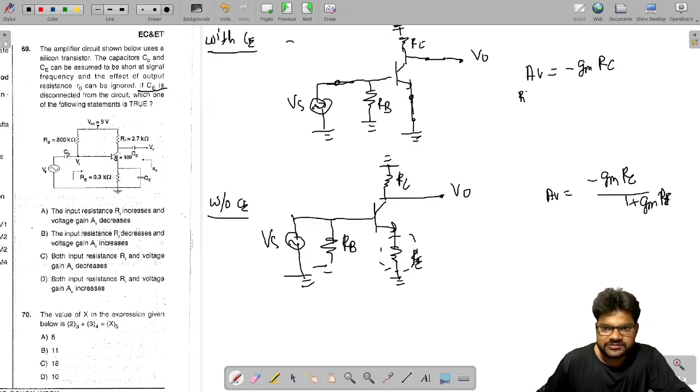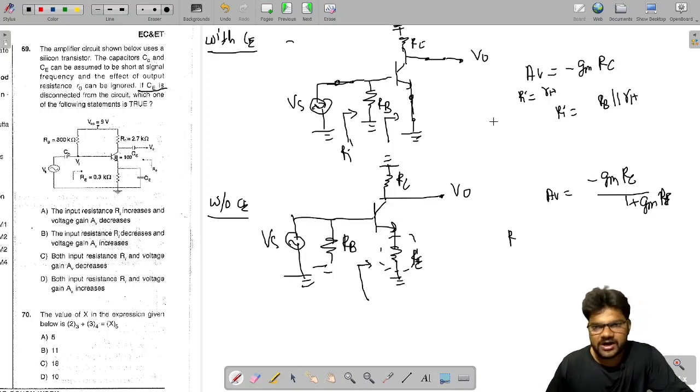And input impedance: if you see from here, Ri is going to be R pi, and if you check from here, this is Ri dash, which will be Rb in parallel with R pi. But when CE is not there, then what is Re if I check from here? I have already provided a video with the detailed analysis of BJT AC analysis, and how you have to write Ri, Ro, internal voltage gain, current gain.